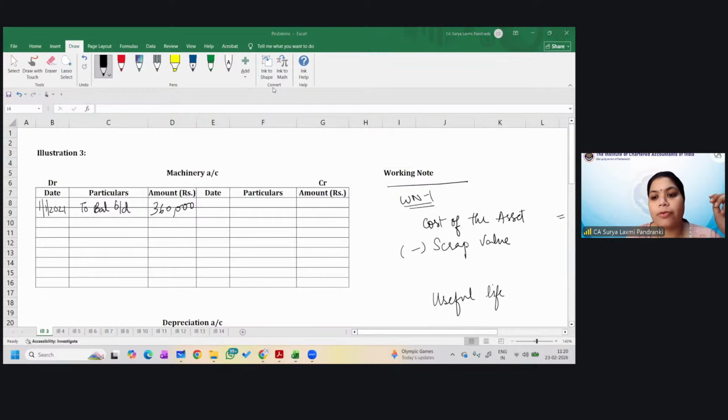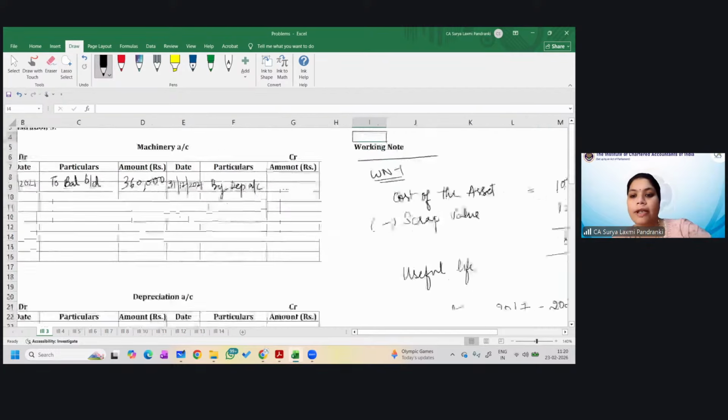And what is the next one? In the current year, what do you have to do? You have taken the balancing figure on 1/1/2021, but in the current year you will have to take depreciation, which is 31st December 2021. By depreciation account, you will have to take this depreciation for the current year, right? Then we should calculate that also.